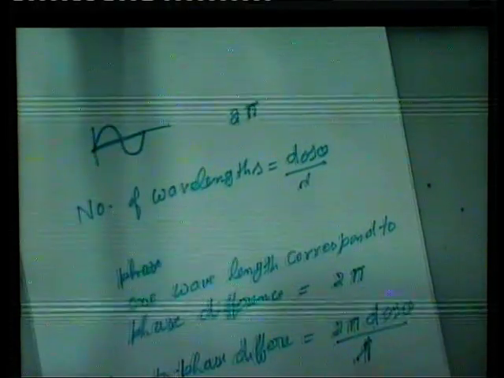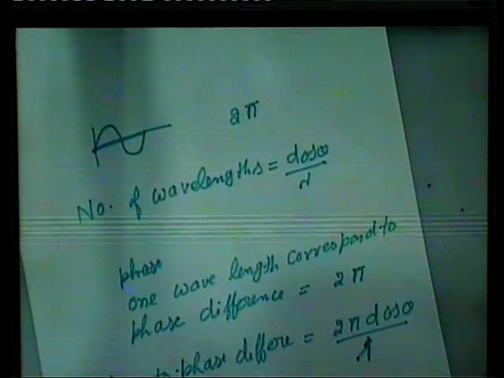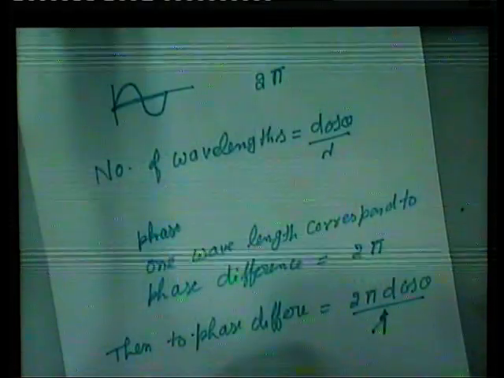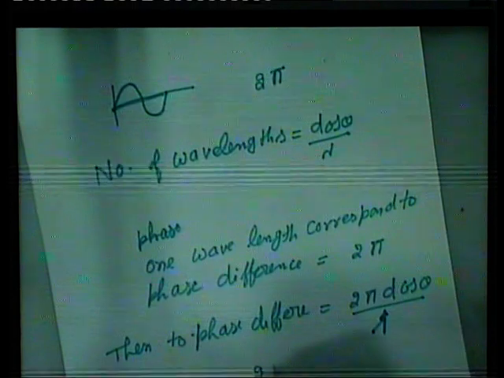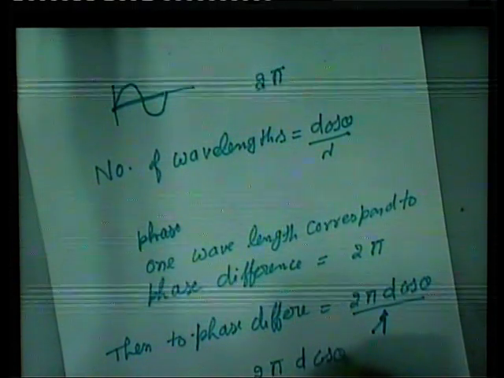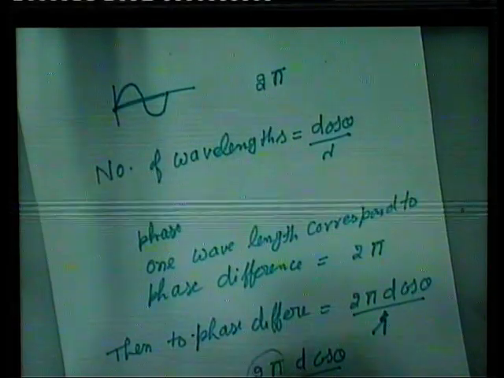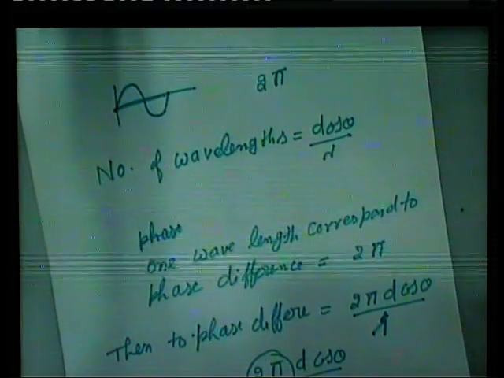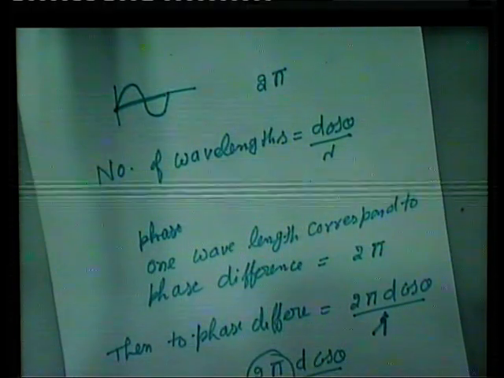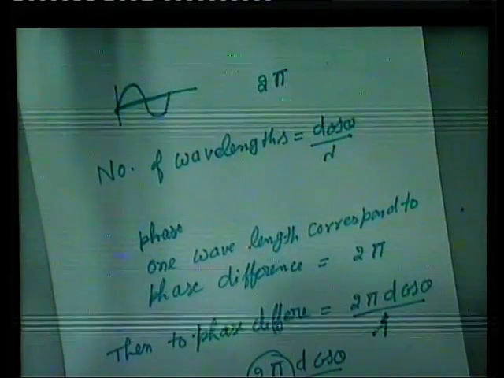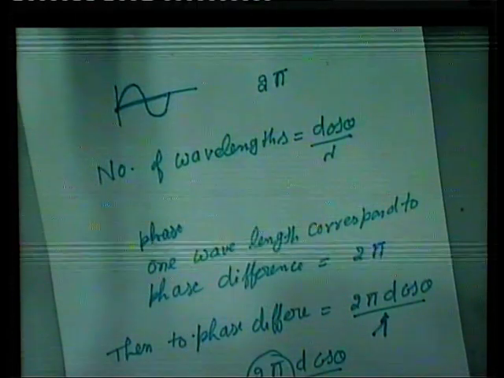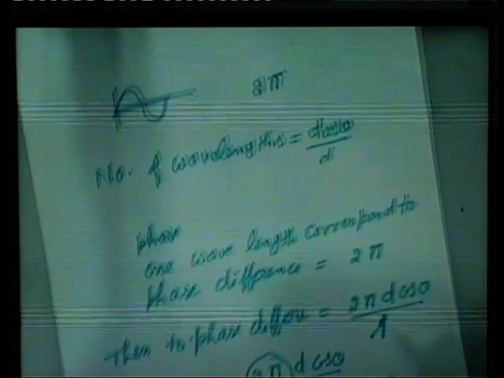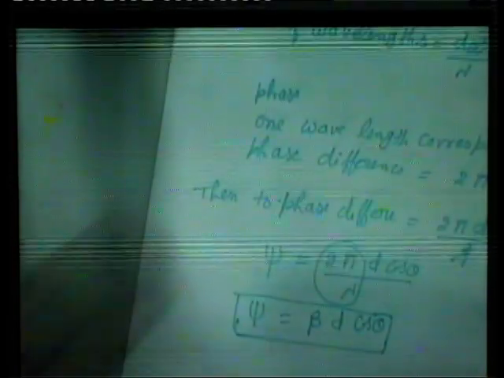The number of wavelengths is d cos theta by lambda. One wavelength corresponds to a phase shift of 2 pi. So psi equals 2 pi d cos theta by lambda. 2 pi over lambda is known as the phase constant beta. So psi equals beta d cos theta. So we have calculated the phase shift, the phase difference.